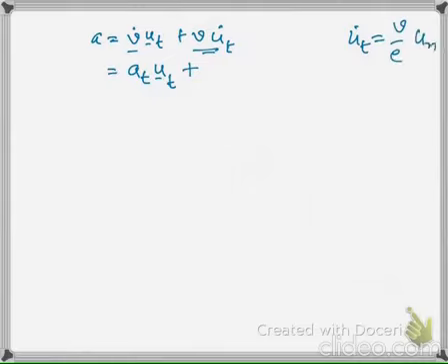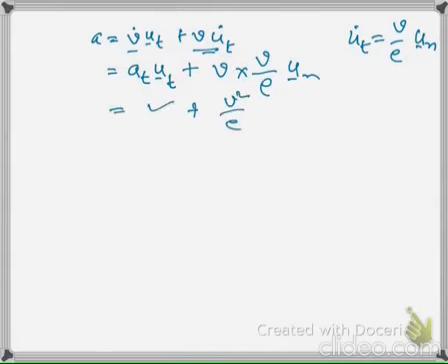If we plug that value here, we get v multiplied by v over rho un, so this part remains the same, v square over rho un.